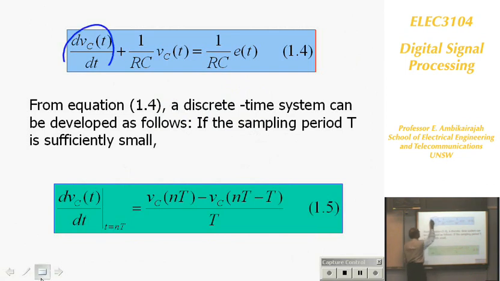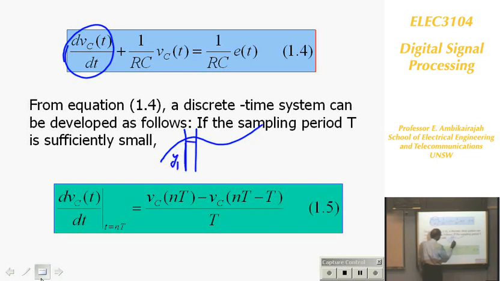You look at that part. That's the differentiation. What's differentiation? It is finding a gradient. If you've got a waveform here and want to find the differentiation at a point, you take two very close points and find this value y1 and this value, and the difference is delta.